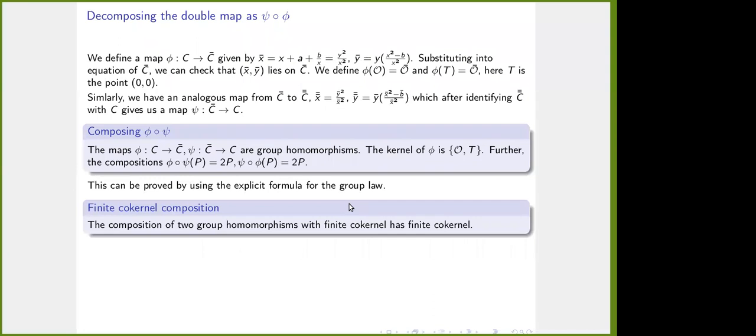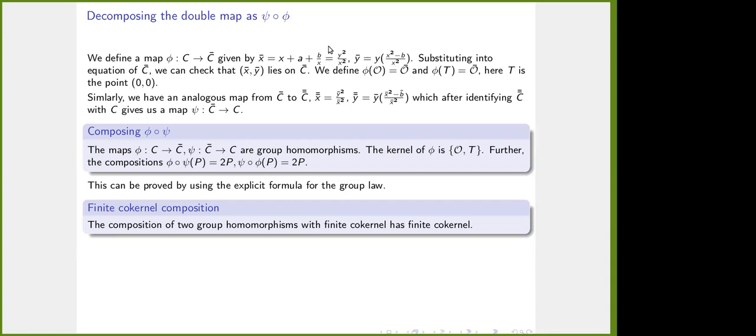Okay. So like I said, now we want to decompose the doubling map as the composition of the map from C bar to C bar bar with phi. So phi goes from C to C bar, and the second map goes from C bar to C bar bar. The map we define from C to C bar is this equation here: x bar is x plus a plus b by x, and y bar is this expression.